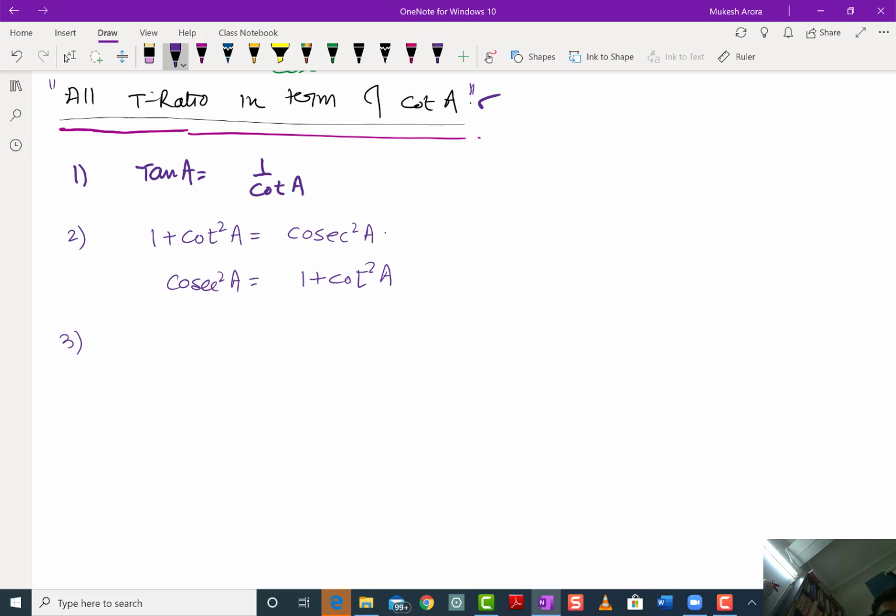Third, reciprocal of cosecant is 1 by sin.